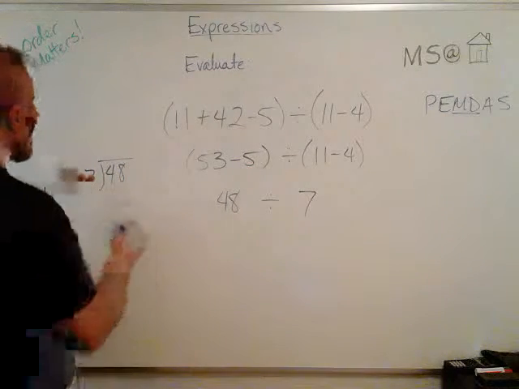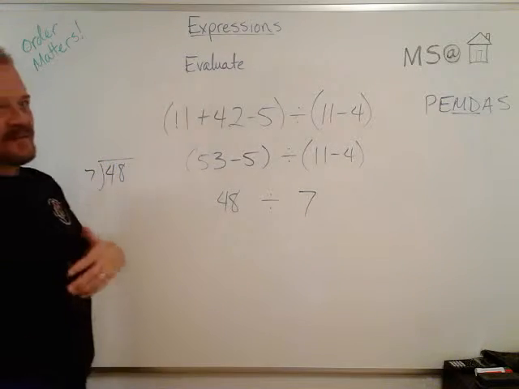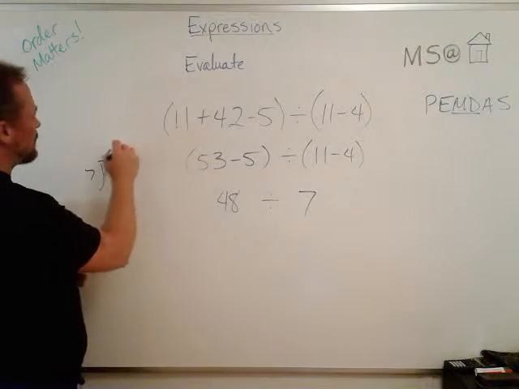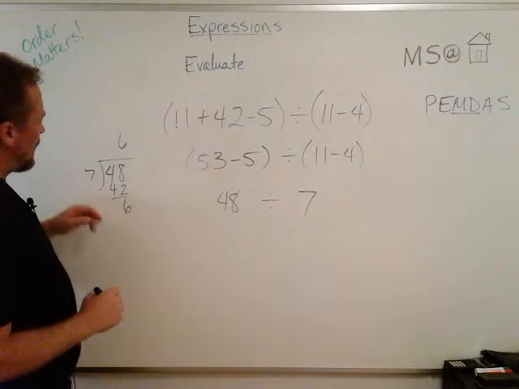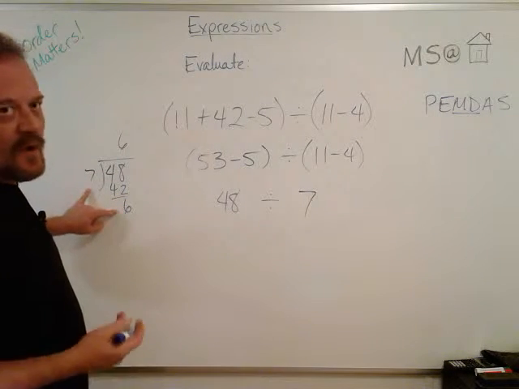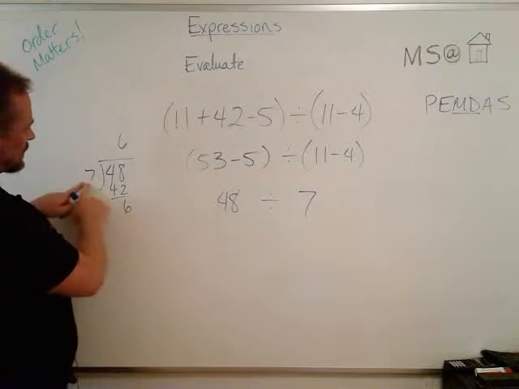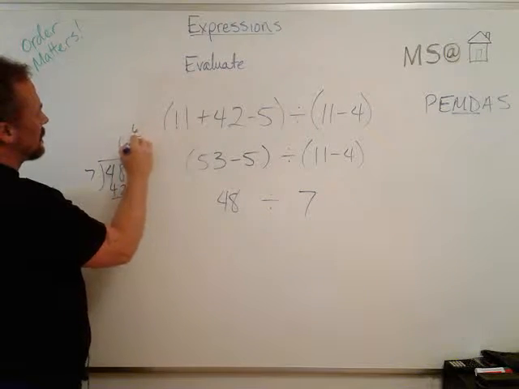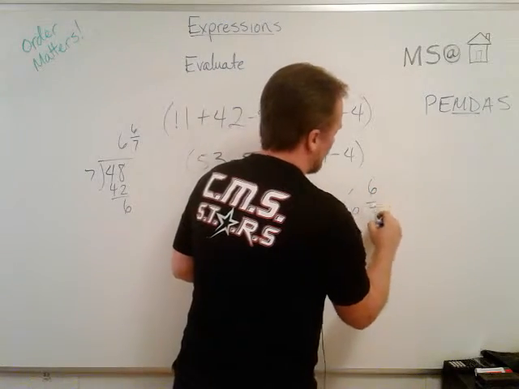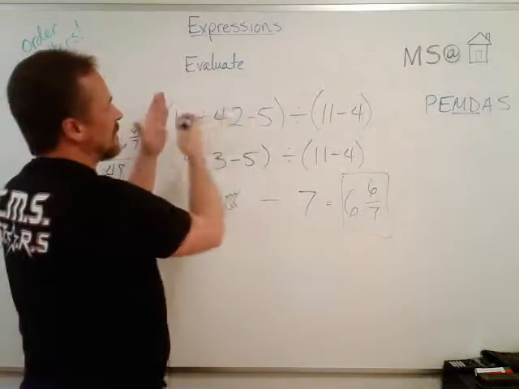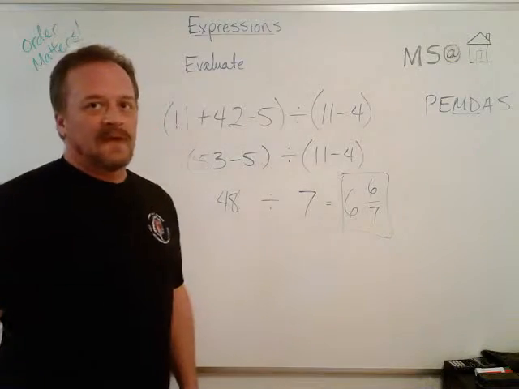Good practice. 7 goes into 48 not quite 7 times because that's 49, so we'll put 6. That leaves me with 6 right there. And I'm going to go ahead and write this as a fraction because why not? Numerator, denominator, 6 and 6/7 is the value of this original expression.